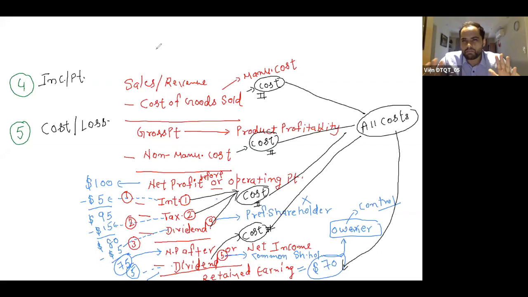Next semester or later you will have a corporate finance or financial management module. In that subject, you will study all these kinds of financial options that a company has to raise money, right? But for this module, that's enough for you to get the information about shareholders, right? So any other question?